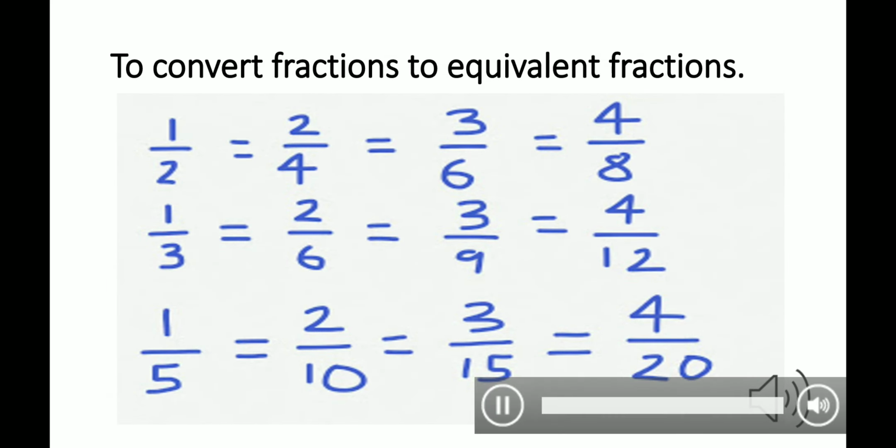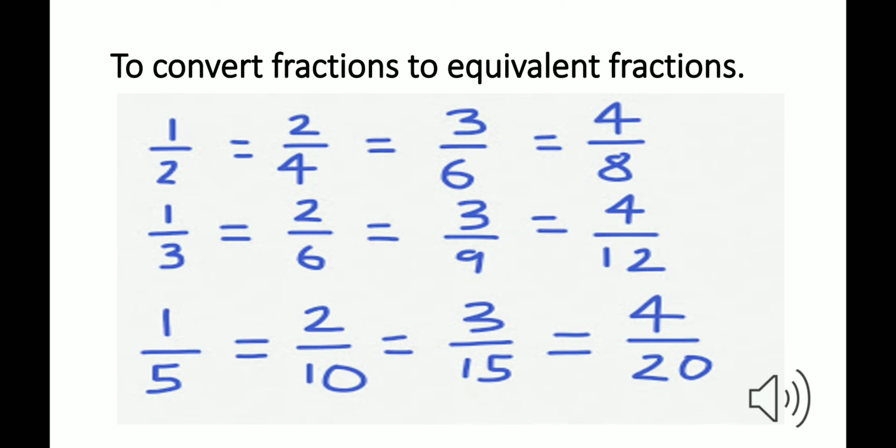Now there is one more part of the question. To convert fractions to equivalent fractions. This is one more kind of a question which you will get in your exercise. Now we have 1 by 2. Okay. Now to convert it to an equivalent fraction, we have to multiply the numerator and the denominator by the same number.